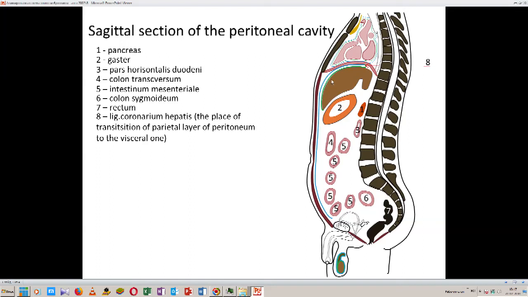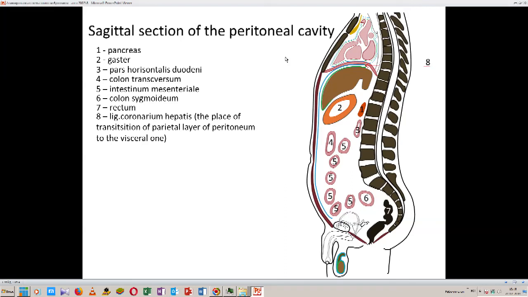We can put here our hand and feel that our fingers will touch ligamentum coronarium hepatis. We can't see it because it's placed quite deep, but we can touch it.